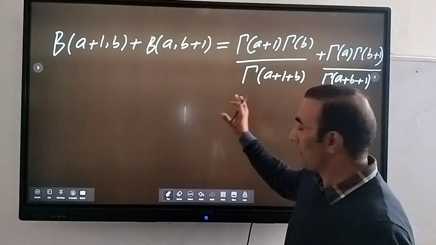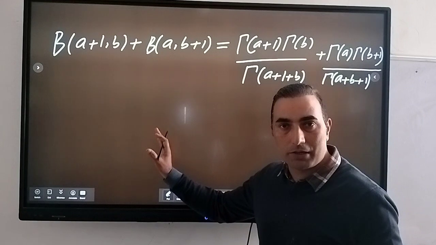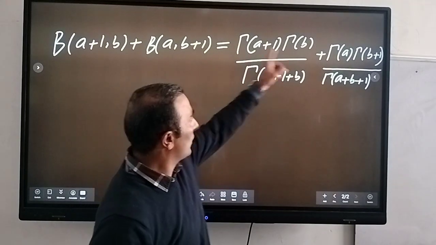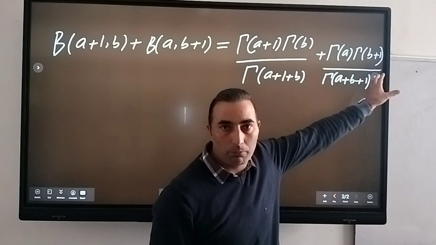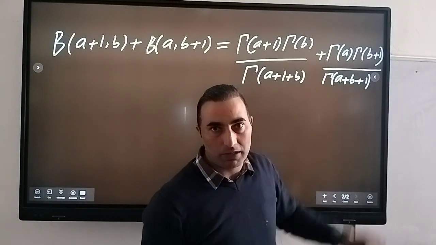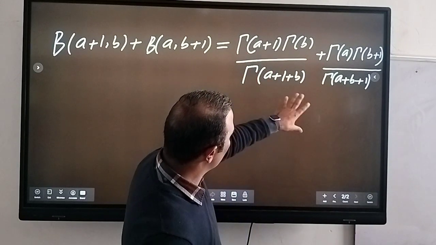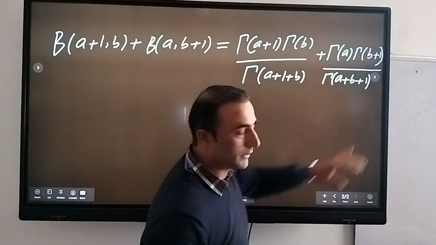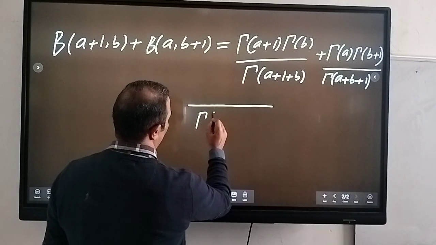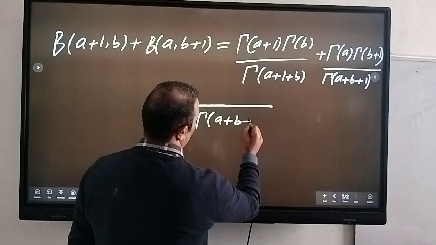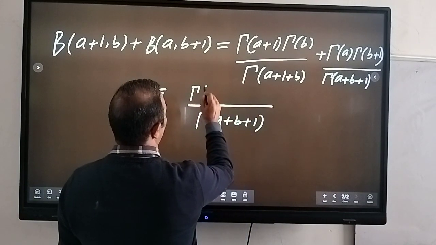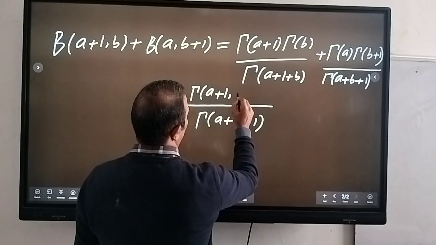Beta of a, b is equal to gamma a gamma b divided by gamma of a plus b. So the second term will be gamma of a and gamma of b plus 1, divided by gamma of a plus b plus 1, because instead of b we have b plus 1. The denominator is the same, gamma of a plus b plus 1, and in the numerator we have gamma of a plus 1 gamma b.